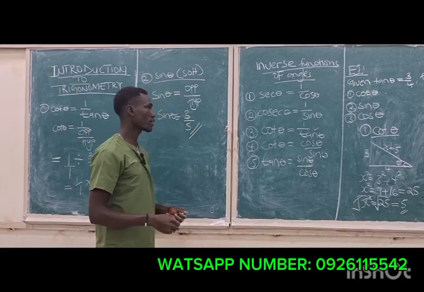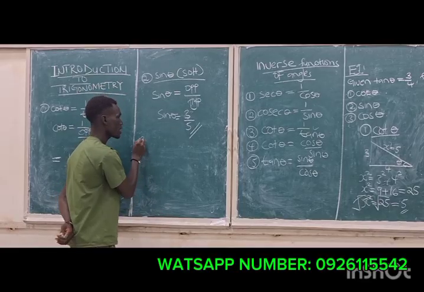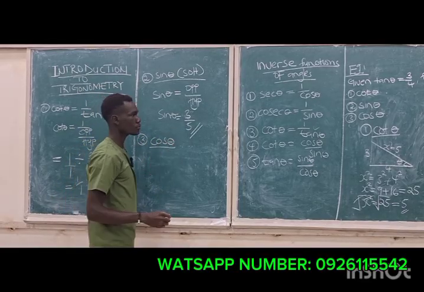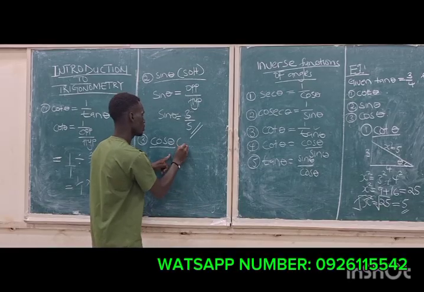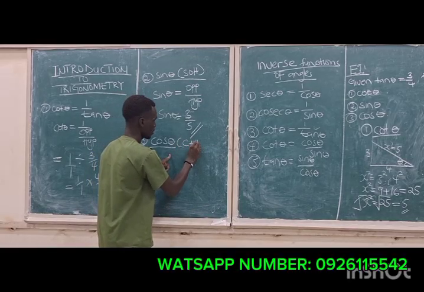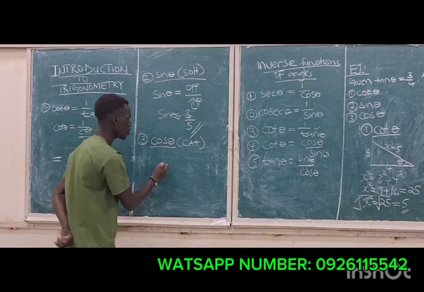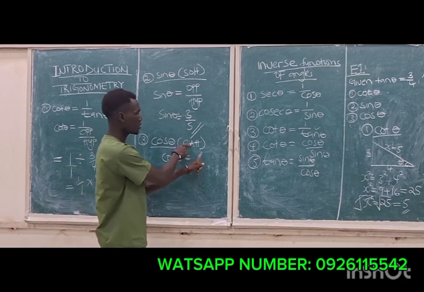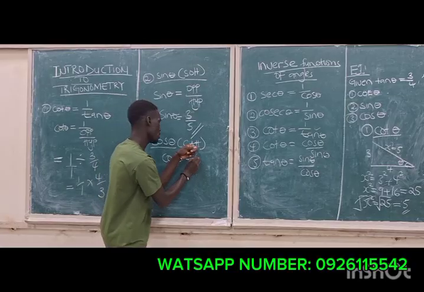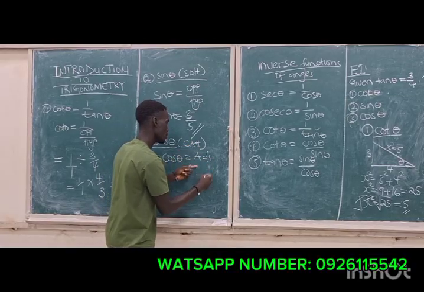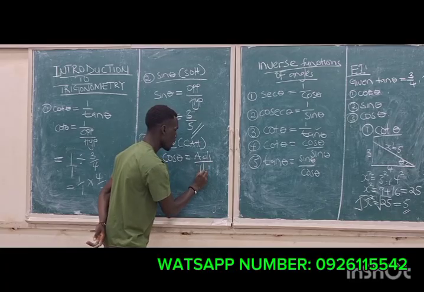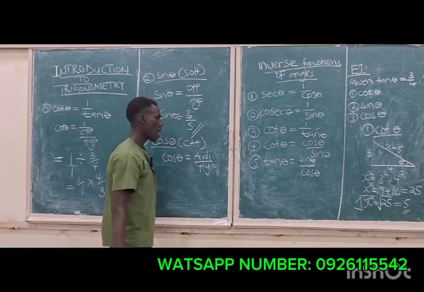Finally, number 3, asking us to find the cos theta. That is this concept. We say that cos theta is equals to adjacent. A represents the adjacent, all over the hypotenuse.